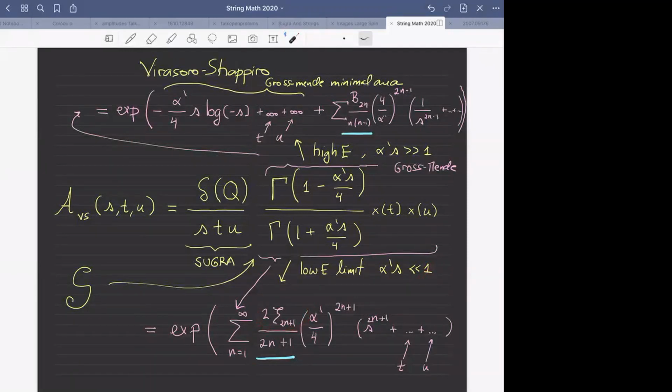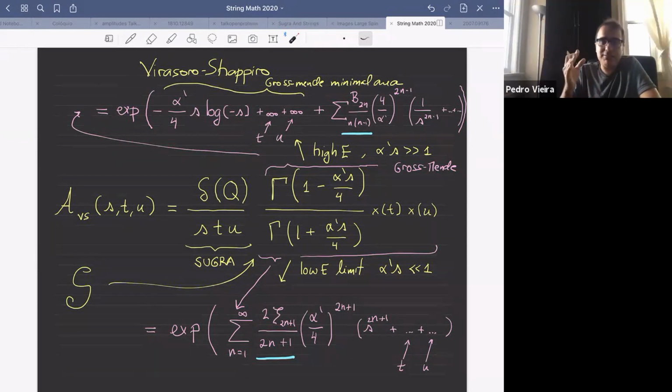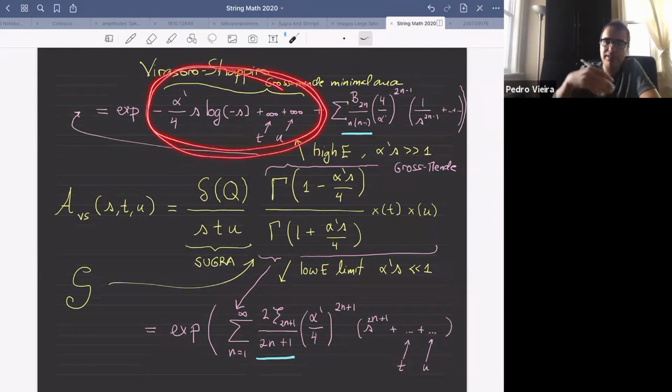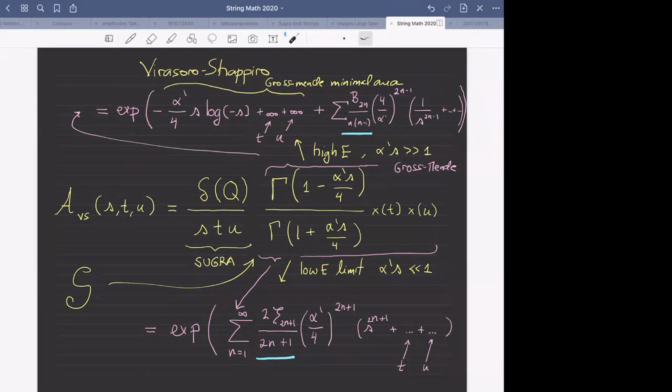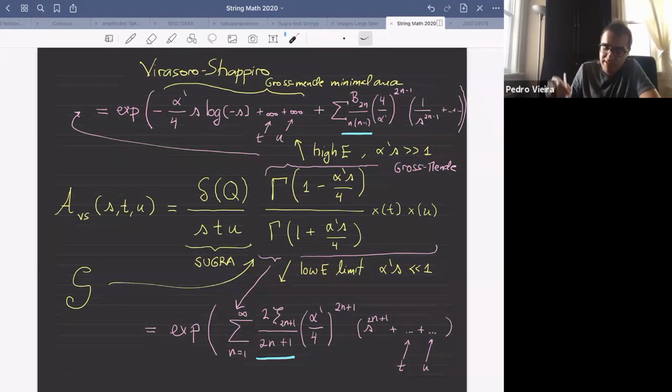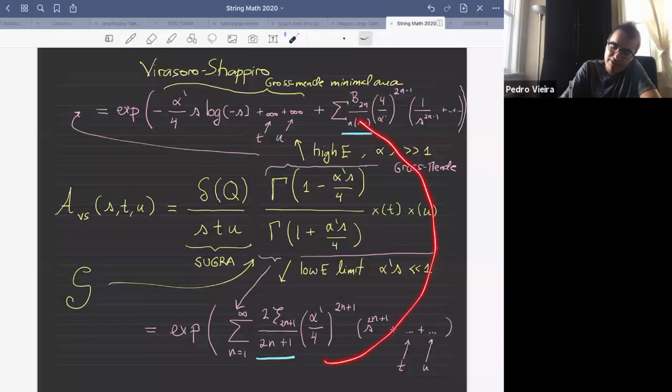That's right. But somehow it's a very different expansion, because if we take the opposite limit, it should not exponentiate and give some minimal area, because of what you just said, right? That's right. It gives something else, and I don't have a good intuition. I mean, as I said, these are analytic continuations of this.